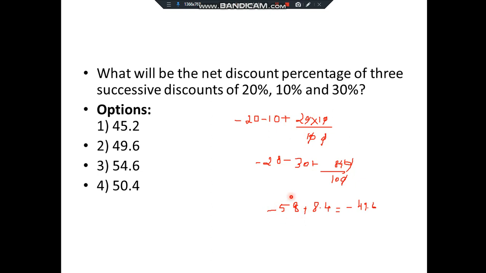The answer is minus 28, and keep that as x and minus 30, the last left number, as y, and solve it with the same formula. So minus 28 minus 30 plus x into y, 28 into 30, which is 840 by 100. So when you solve, finally you get the answer as minus 49.6, which means a net discount of 49.6 you get. Okay, so 49.6 is the answer.